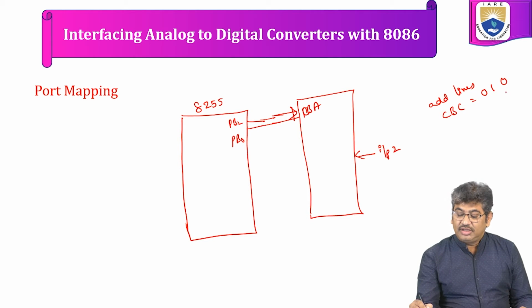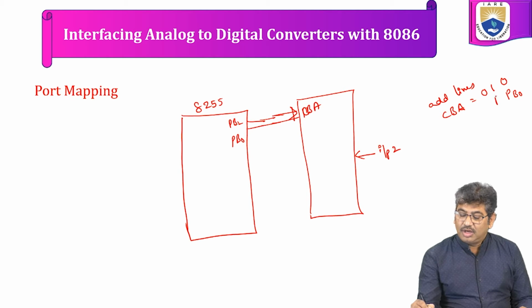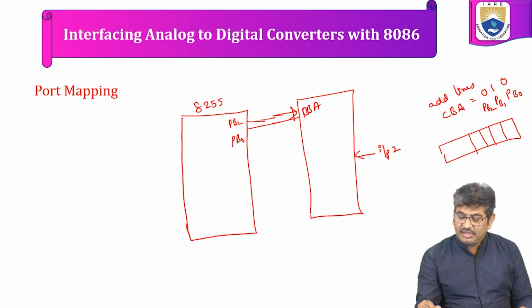That means the last bit is for port B0, the next bit is port B1, and the next bit is port B2. Port B is an 8-bit port. In these 8 bits, we have to send the last 3 bits as 0, 1, 0.